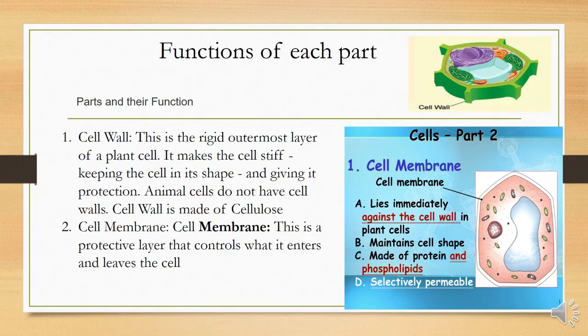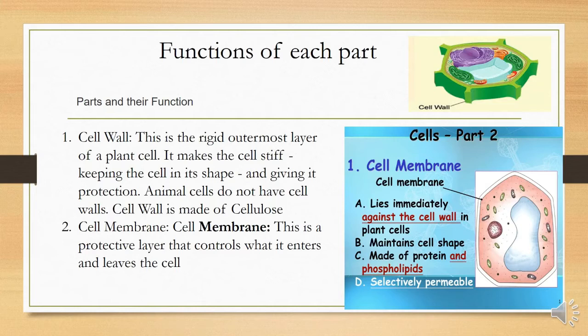So starting from the cell wall, this is the rigid part of the cell and the outermost layer of the plant cell. It makes the cell stiff, so it helps to keep the cell in shape, and it gives protection to the cell's inner parts.